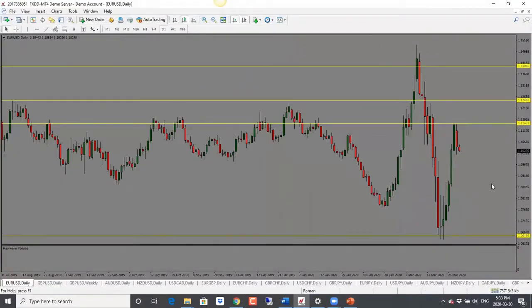So we are coming into quarter end here. So March 31st is the end of the quarter, and a lot of big hedge funds and institutional traders, this is the time that they have to rebalance their portfolios. Usually they have a certain percentage that they need to invest in each asset class.